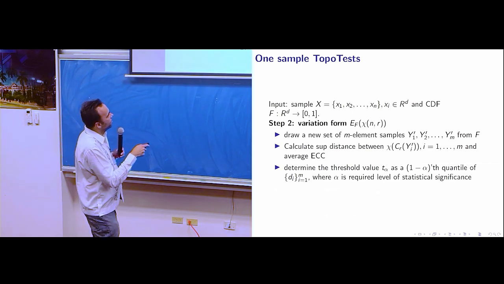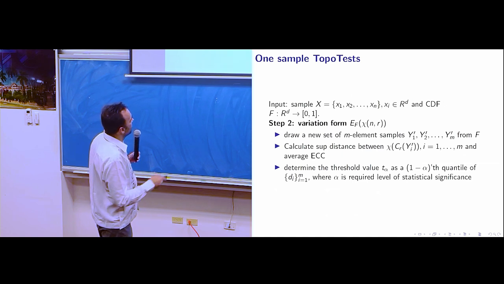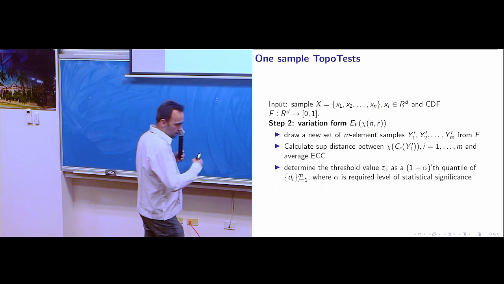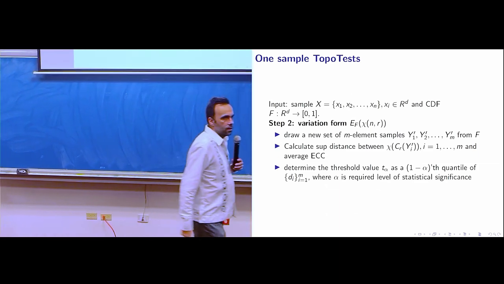Then we fix the significance level alpha, sort those distances, and determine the critical threshold as the appropriate quantile of those distances. That's step number 2.